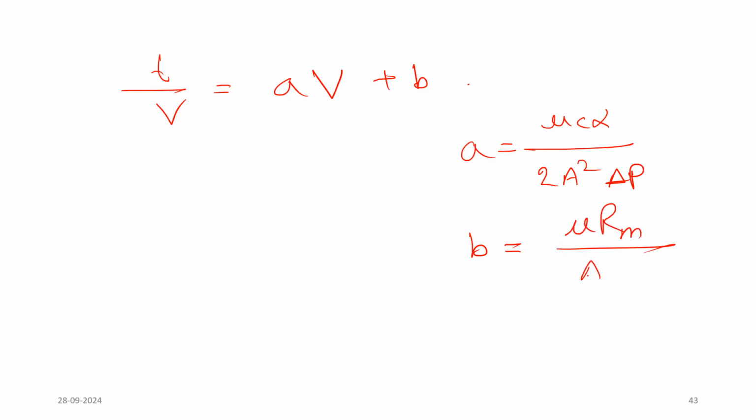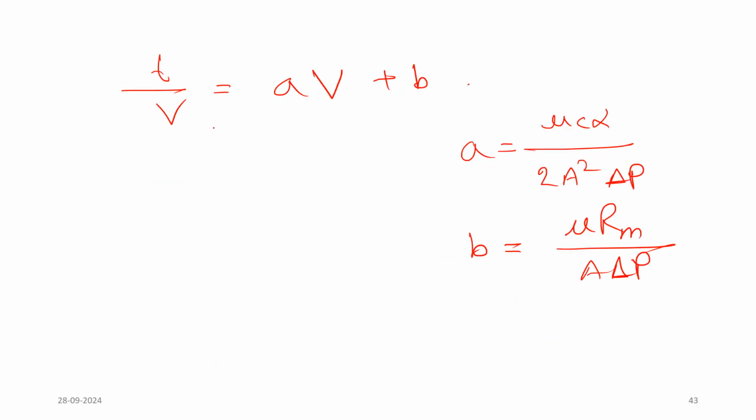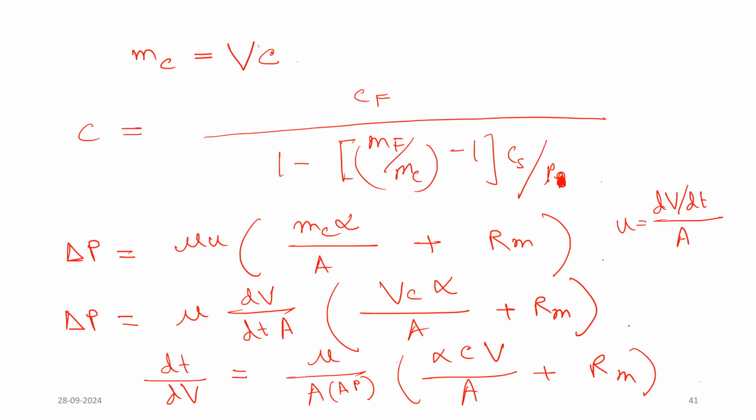If filtrate flow rate increases, what will increase from the following options in case of rotary drum filter?